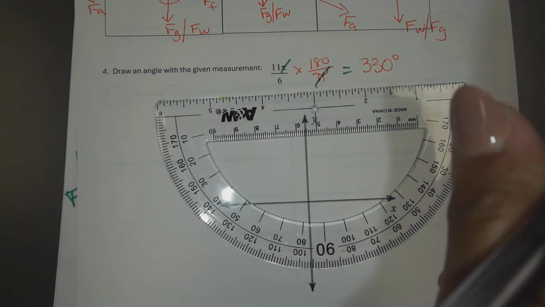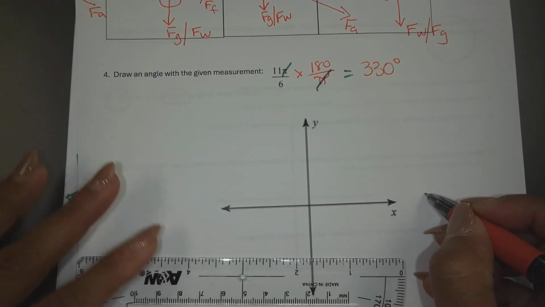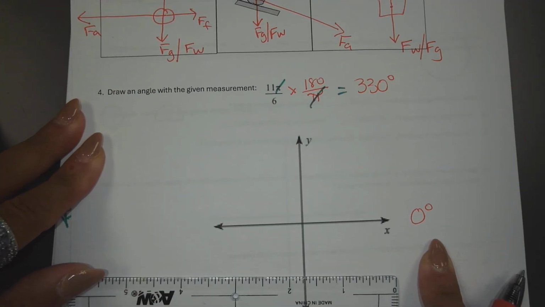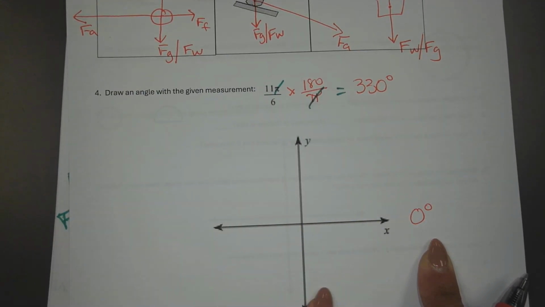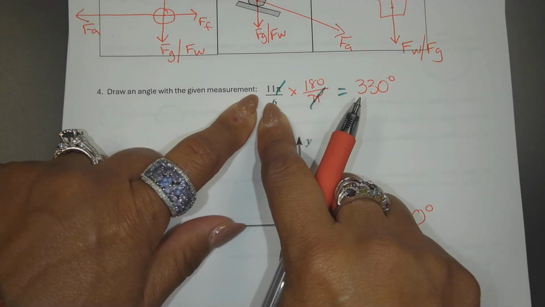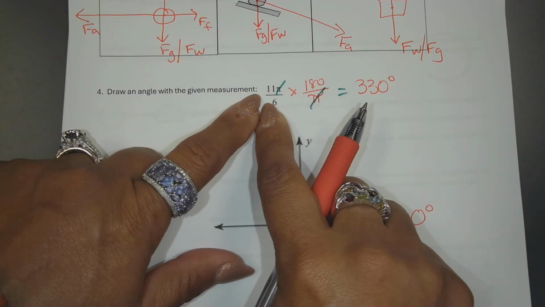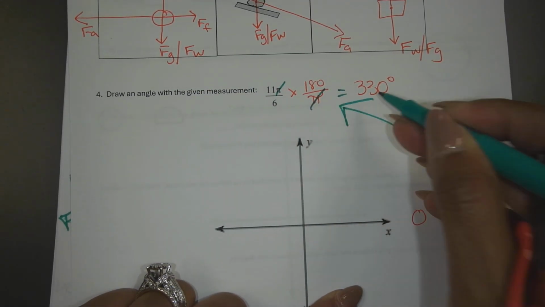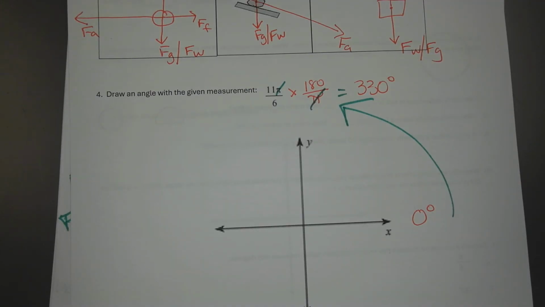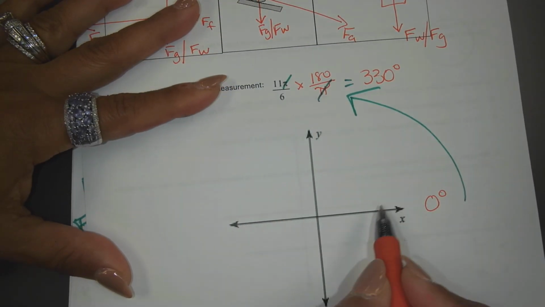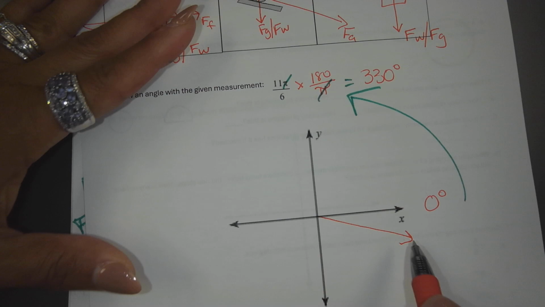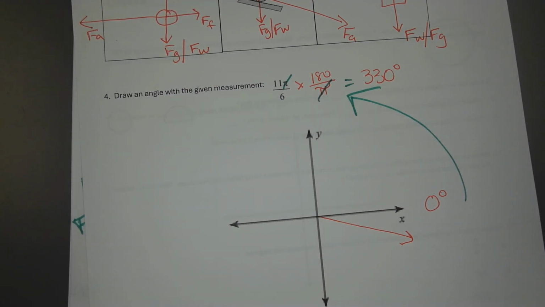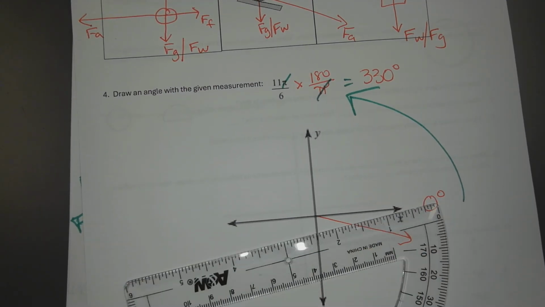You went ahead and you know that all circles start off at 0 degrees and rotate in the positive direction. And look at this. There is not a negative, so this must be positive, meaning that you're going to rotate that direction. 330 degrees is about over here. Okay, when you got your protractor, it's about in that section or that quadrant.